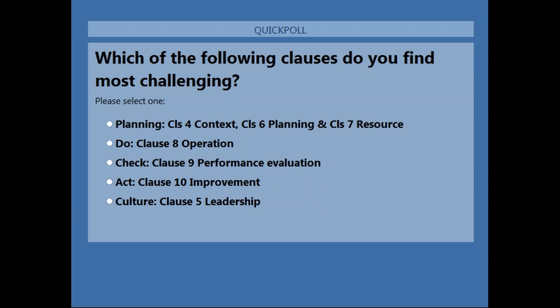Whether you think it's the do aspect, which is clause 8, which is operation. Let us know if it's the check aspect, which is clause 9 for performance evaluation. Let us know if it's act, which is clause 10, and that is improvement. Or let us know if it's culture, which is clause 5, that has leadership applying to it.